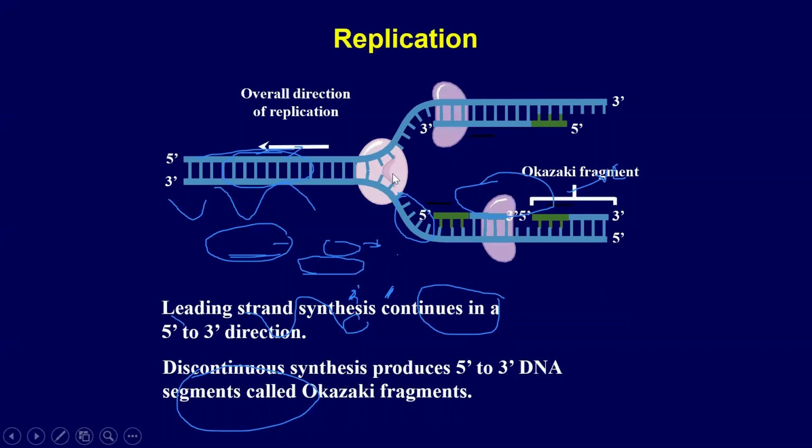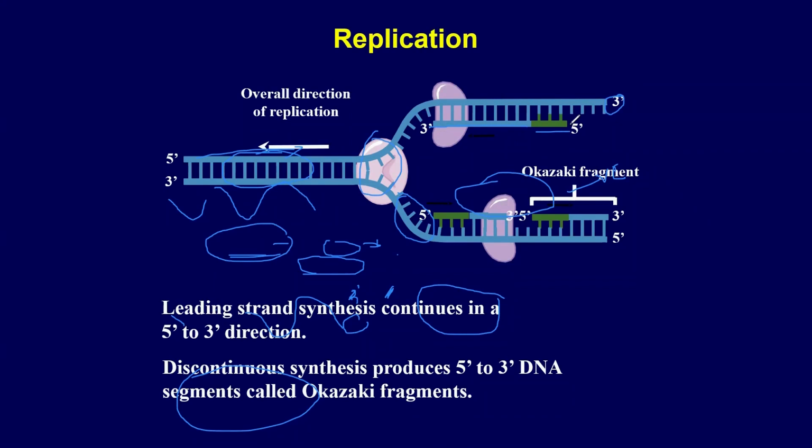So this is the helicase enzyme. You can see here the helicase enzyme which is separating the two strands of the DNA molecule. And here the other strand is the continuously synthesizing strand. This green color is a primer. It is added at the 3' OH end of the parental template strand.